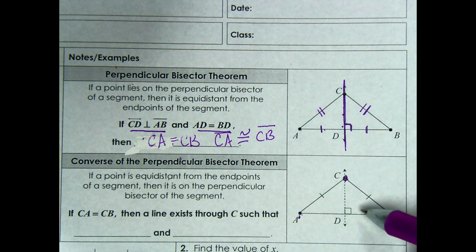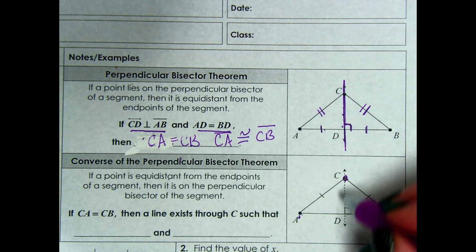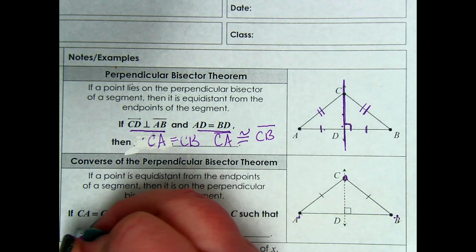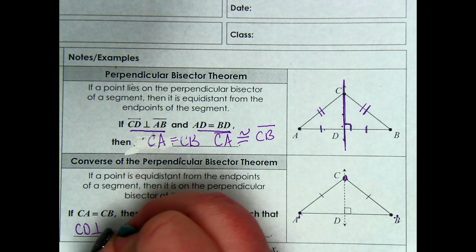So this is saying if CA is equal to CB, then a line exists through C so that CD is perpendicular to AB.